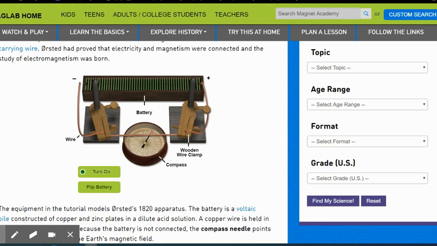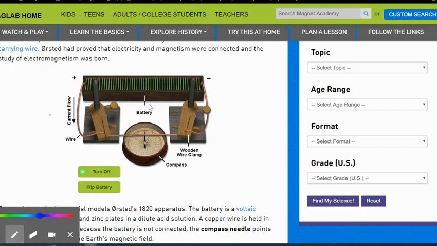If you flip the battery and then connect it, you notice that now the needle is pointing in this direction, towards the top of the page here. Let's flip the battery and we'll see what happens when we leave it on. So when you flip the battery, you can see that the needle points downwards from our perspective, or upwards if we send the current the other way. So notice two things are going on here.